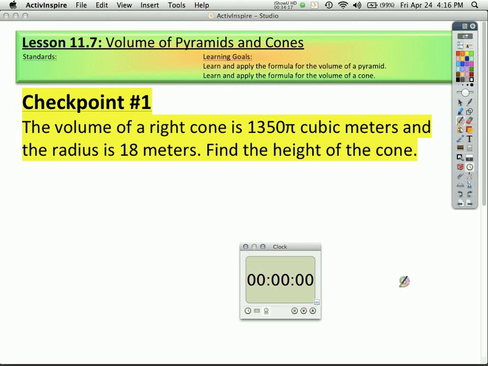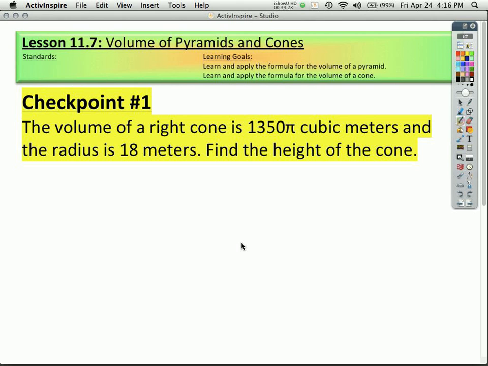All right, so let's see what we got. What's the height of this cone that we can't even see? I got student number 19, 2, 8, and 21.